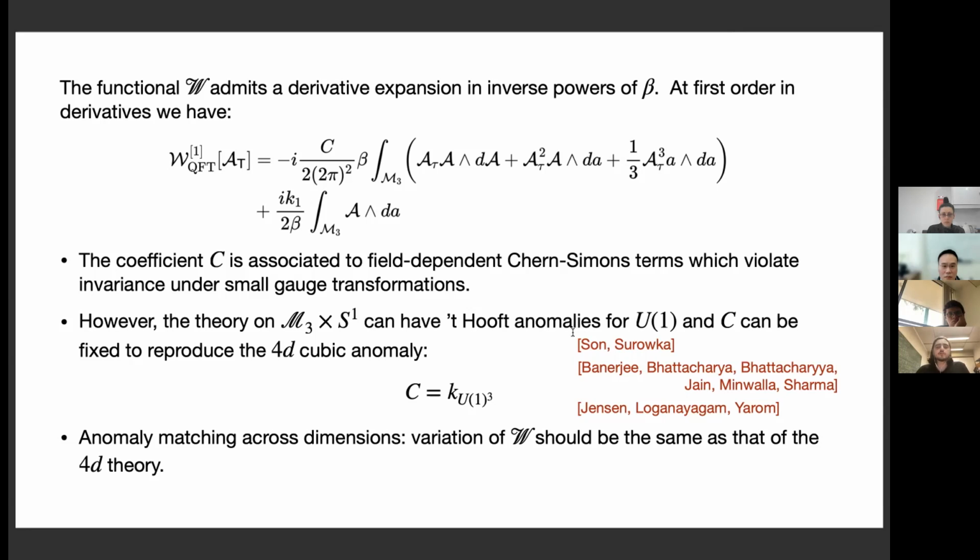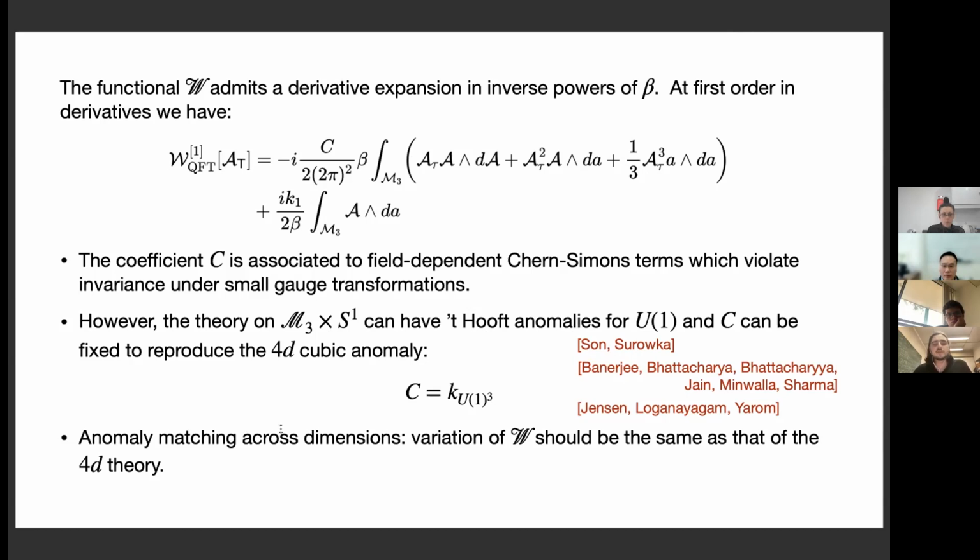In fact, it was shown in a very nice sequence of papers that you can match the anomalous variation of this term in the 3D effective action using the cubic 't Hooft anomaly for this U1 symmetry in 4 dimensions. This circle of ideas that correlates anomalies in theories at finite temperature is sometimes called anomaly matching across dimensions.